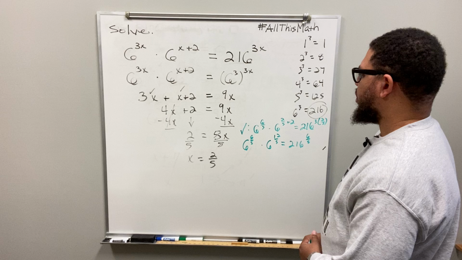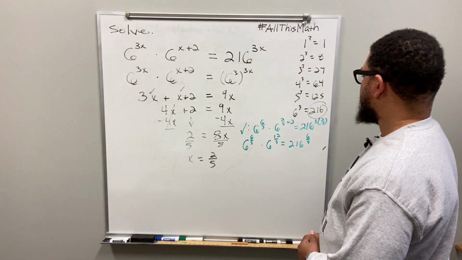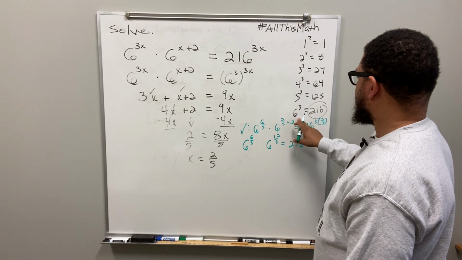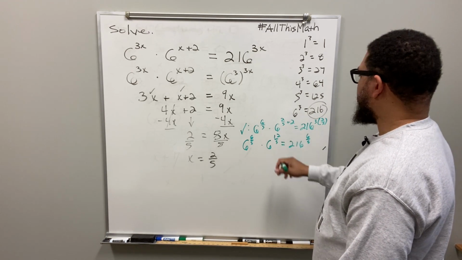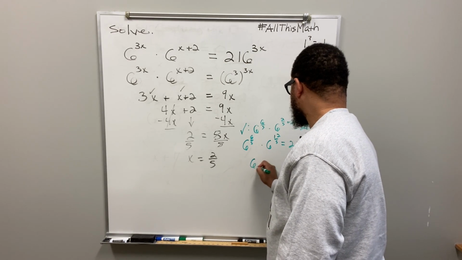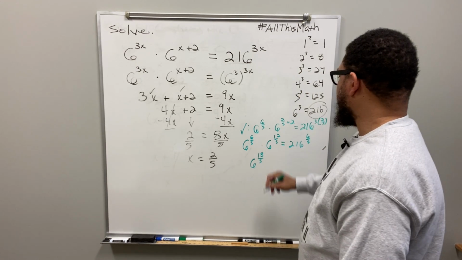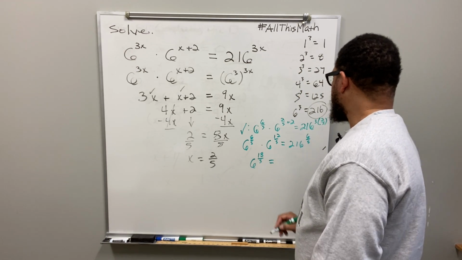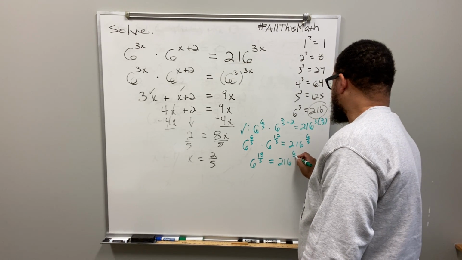No, I didn't. 6/5. 2/5 plus 2. 2/5 plus 10/5 is 12/5. How's that 18/5? Oh, okay. Yeah. Okay. I see what's going on. I thought I did something wrong. I didn't. 6 to the 18/5 is equal to 216 to the 6/5, right?